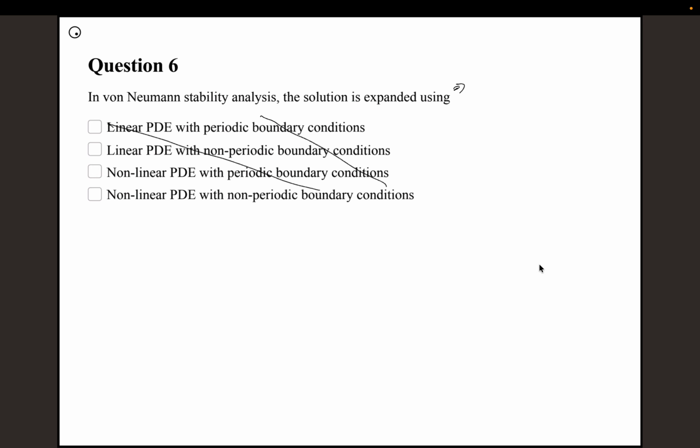We took several Fourier series terms, and for each component we analyzed the amplitude. That was what was intended to be asked, but somehow this got messed up. I'll correct this when I upload it to the folder. Okay, comment on the stability of the explicit forward time central space scheme applied to the linear convective equation. So what is a linear convective equation?